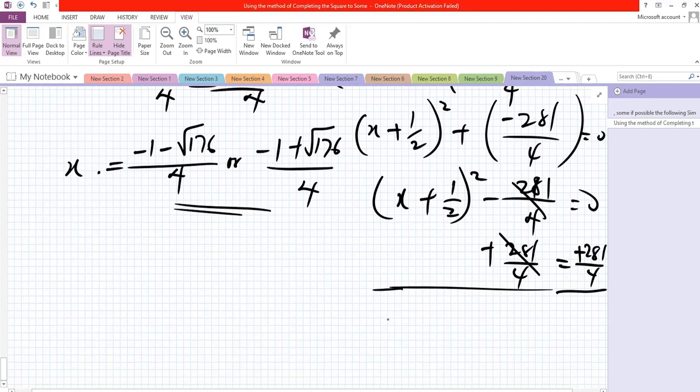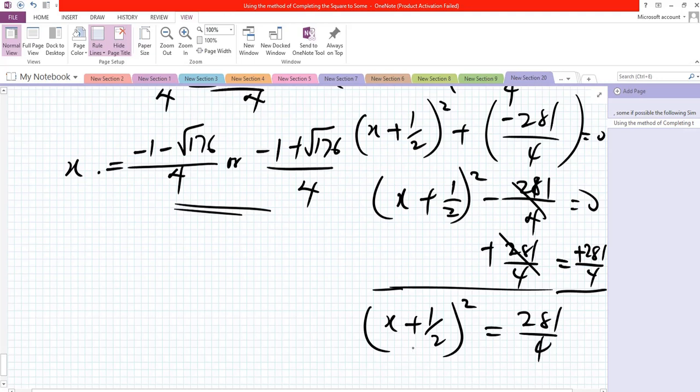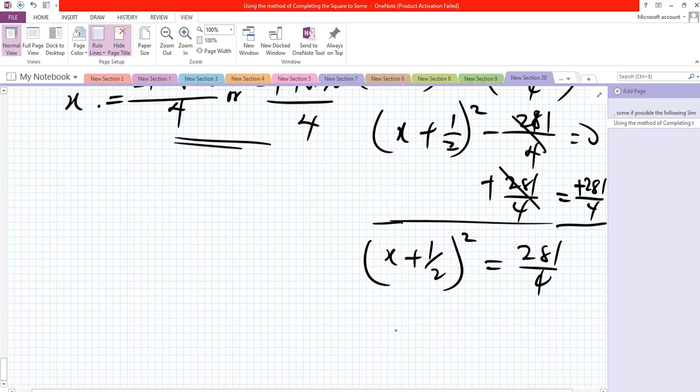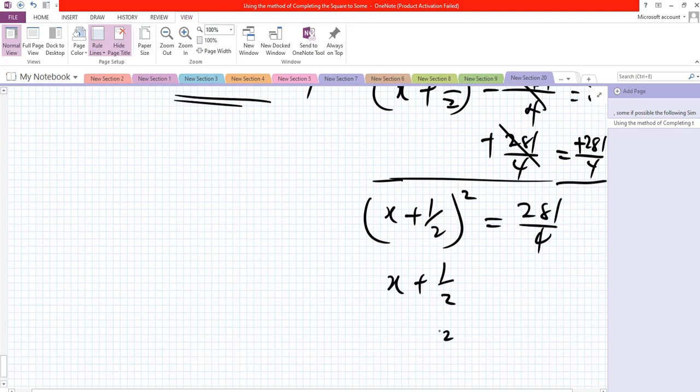We're left with x plus 1 over 2 all squared equal to 281 over 4. Now taking the square root of both sides, you have x plus 1 over 2 equal to plus or minus square root of 281 all over 2.